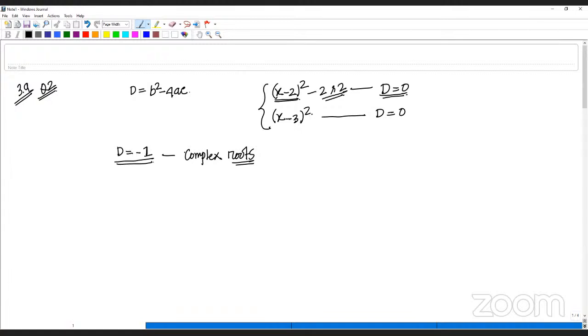Basically, we cannot say anything about the roots of the equations just by knowing the discriminant. If I know that both equations have the same discriminant, I cannot conclude anything about the relation between the roots of these two equations. That is what option 4 is.